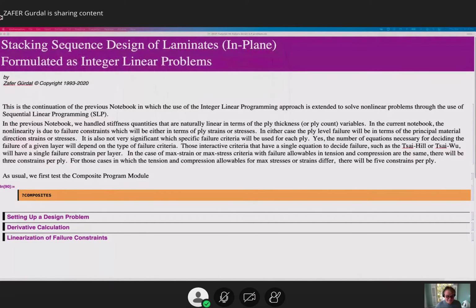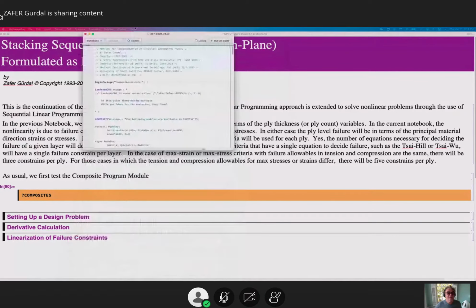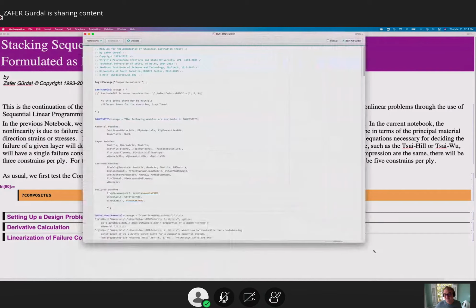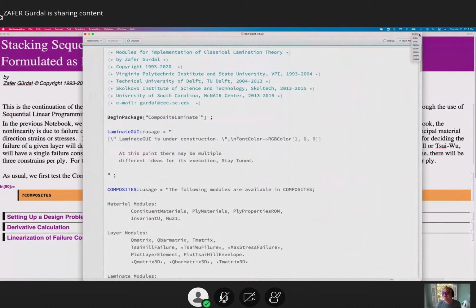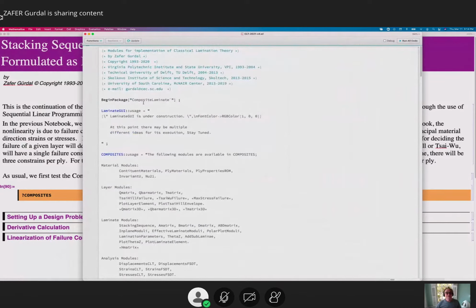Okay. So to make the composites program available, I need to execute this anyway. So let me open that up a little bit better. 200 is too much, probably 150 is better. So this is a new version.